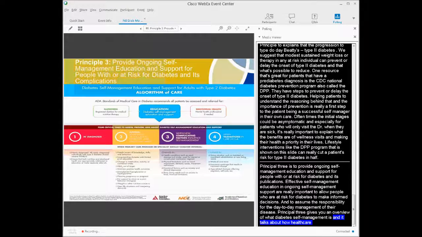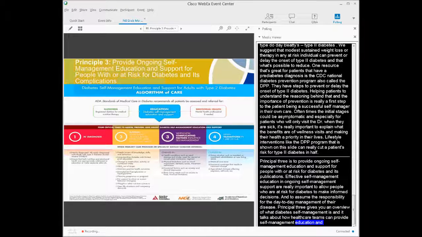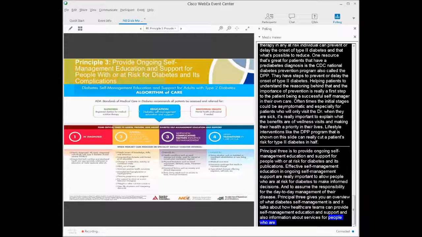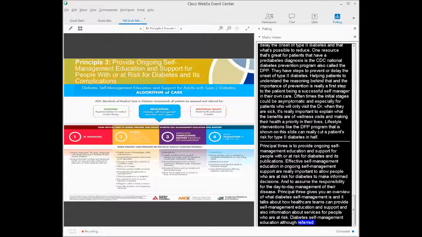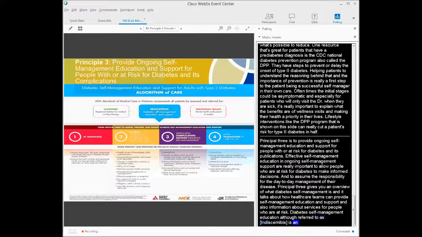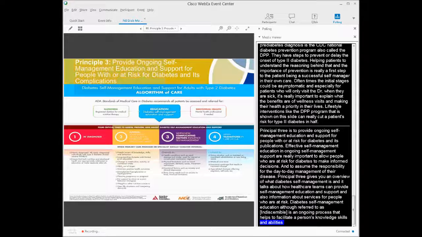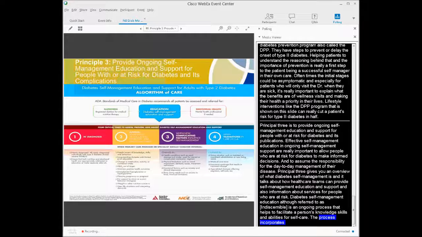So diabetes self-management education, also referred to as DSME, is an ongoing process that helps to facilitate a person's knowledge, skills, and ability for self-care. And the process incorporates every patient's needs, what their goals are in relation to their care, and also what life experiences they have, what their current situation is in dealing with diabetes.